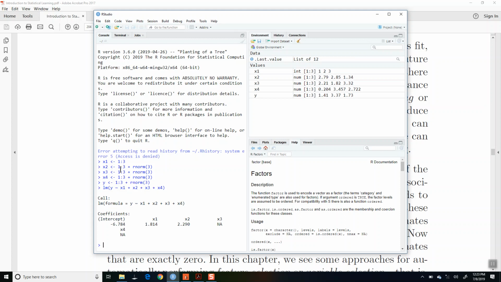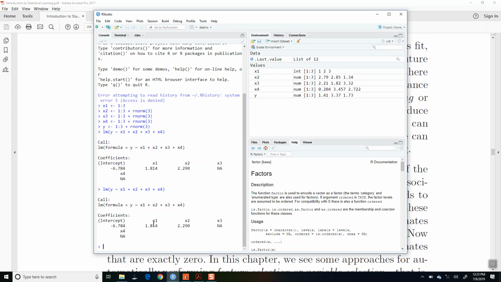I guess it just uses the first two and then throws away the other ones. I didn't know what R was going to do when you did something like this. It just ignores predictors 3 and 4.